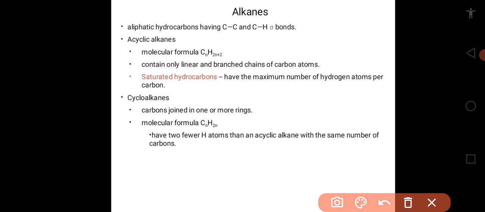At the same time, they have fewer hydrogen atoms than acyclic alkanes with the same number of carbons. The number of hydrogen atoms in cycloalkanes is 2 less than in alkanes. That is why in the cycloalkane formula there is no plus 2. It means there is a reduction of 2 hydrogen atoms.